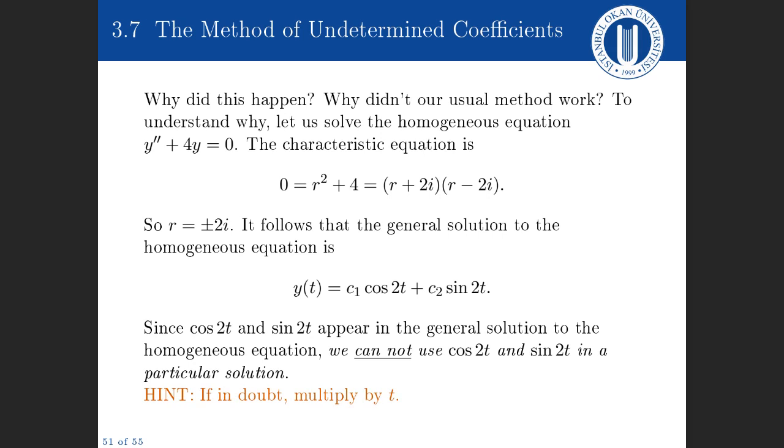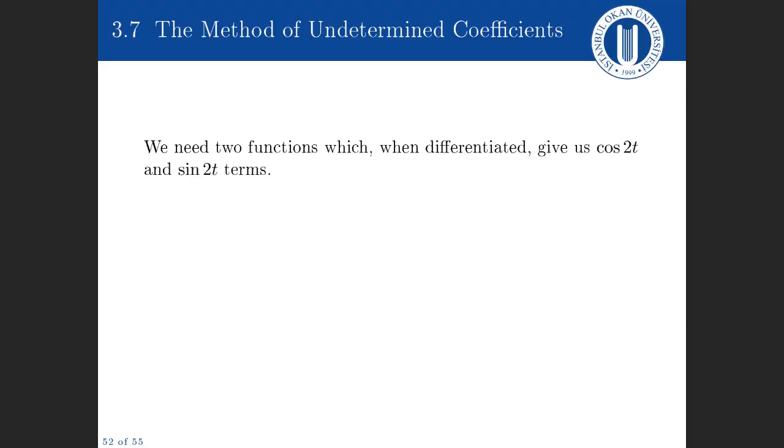So what do we do? If in doubt, multiply by t. We need two functions which, when we differentiate them, give us cos 2t and sine 2t terms, and perhaps other terms as well. We're going to try t cos 2t and t sine 2t.